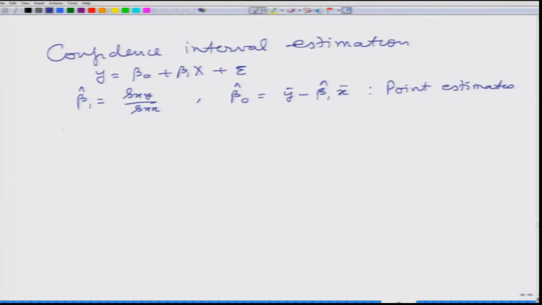So, in the case of confidence interval, we try to create two bounds, Lx and Ux.